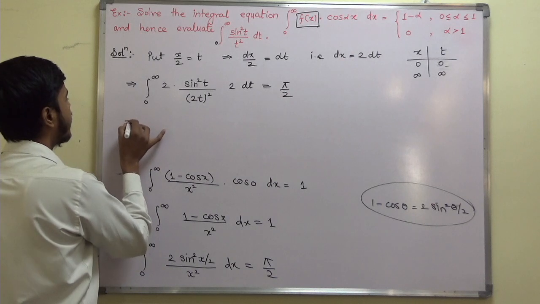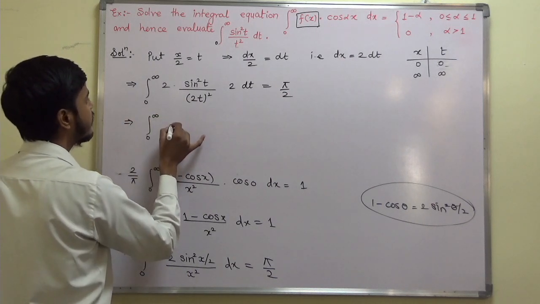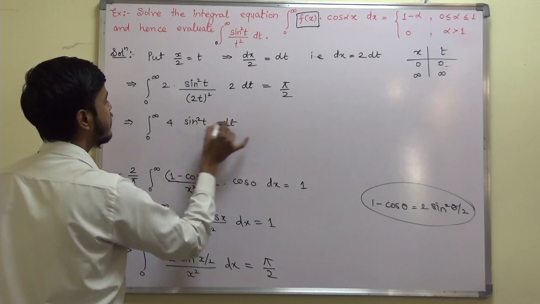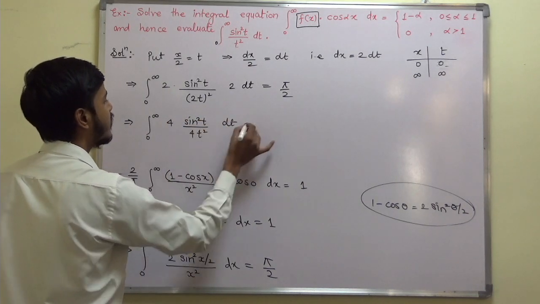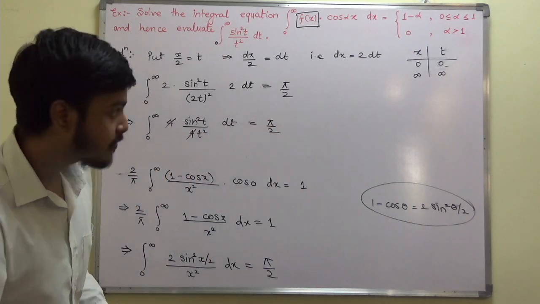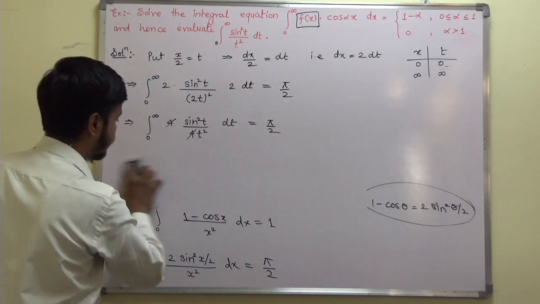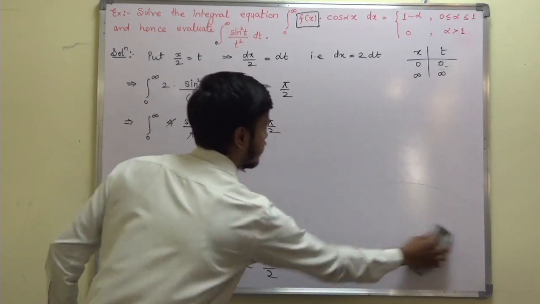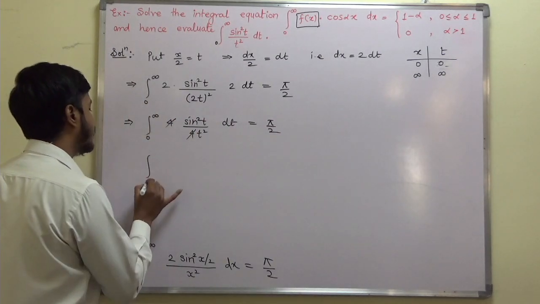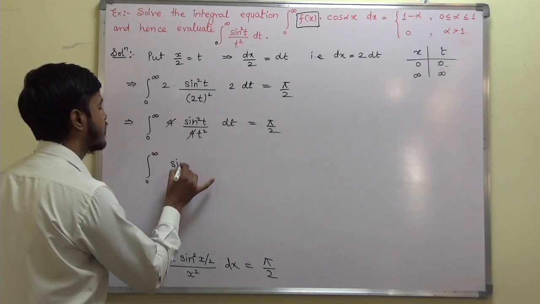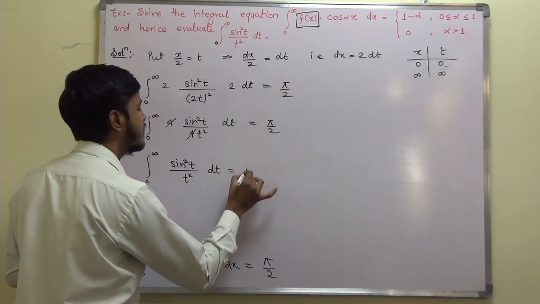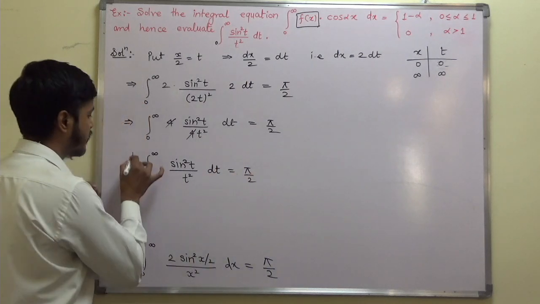So this is nothing but integration 0 to infinity 2 twos are 4 sine square t dt upon 4t square is equal to pi by 2. This gets cancelled and we are left with the value that we have to find out, and that is integration 0 to infinity sine square t upon t square dt is equal to pi by 2.